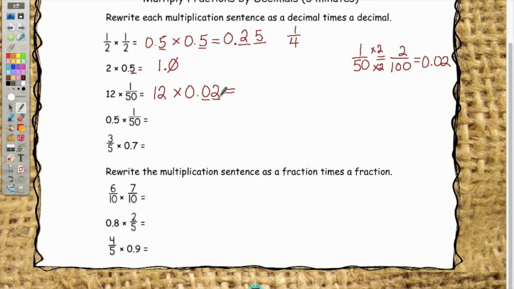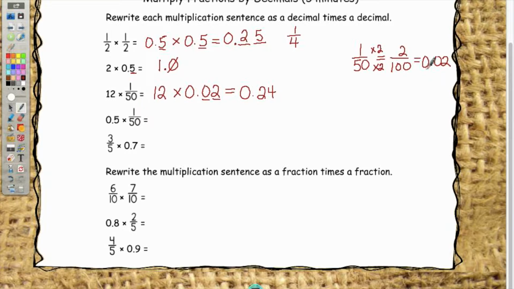So my answer will be in what place value, Jesus? No, I underlined 2 digits, the hundredths, okay? So, what's 12 times 2? I'll pull a stick. Emily, what's 12 times 2? So it's got to be in the hundredths, so my answer is 24 hundredths. Good.